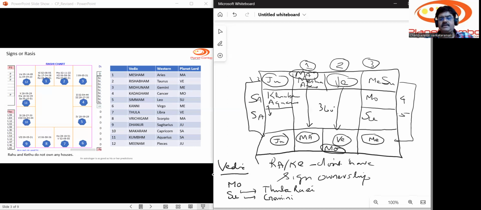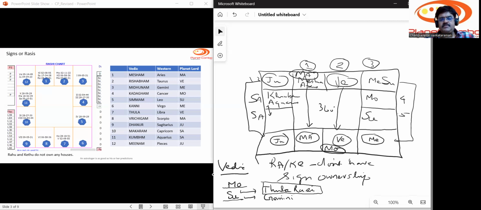This is very important to understand: you should always look at the moon for Indian Vedic and the sun for Western. Since we are focusing only on the moon, we will say that this particular native's chart belongs to Tula Rasi. This is a new thing you have learned. Remember this: always look for the moon, and whichever sign it is in, that is the native's Rasi.